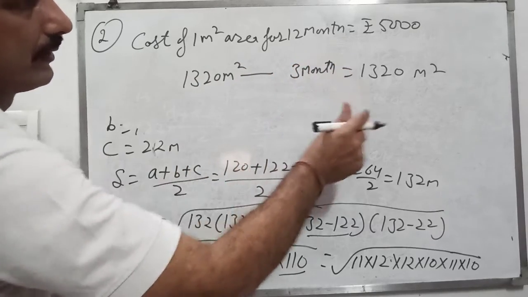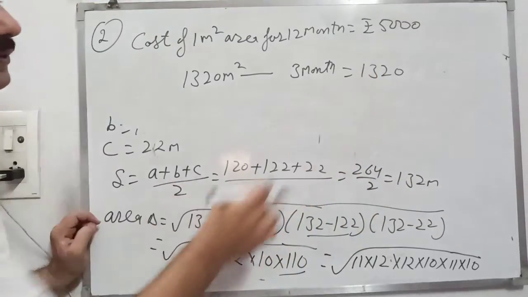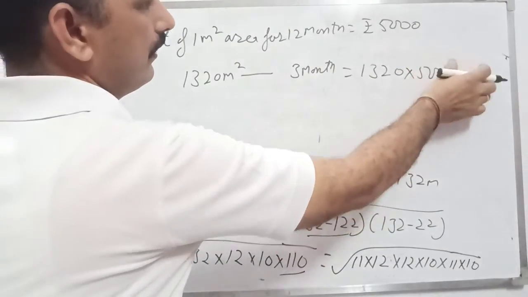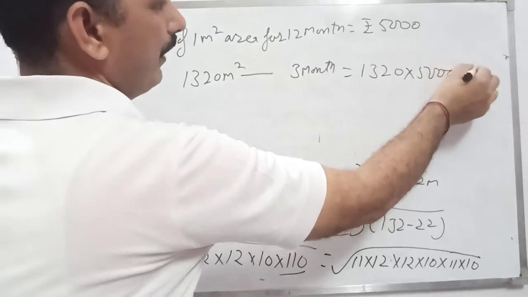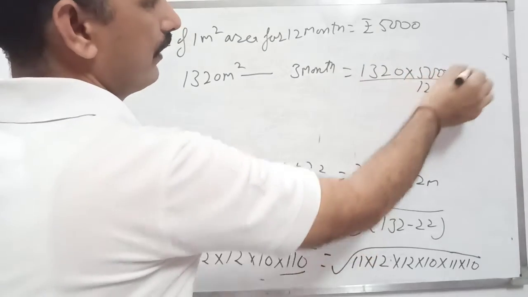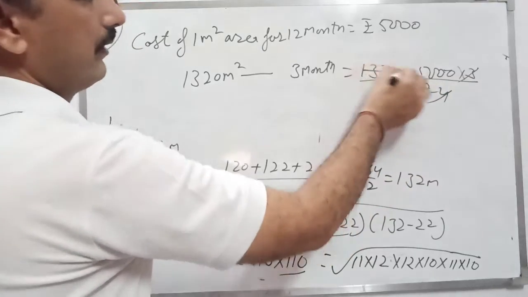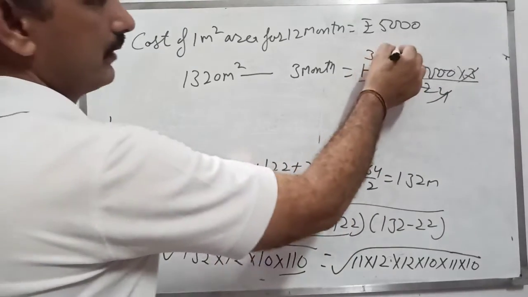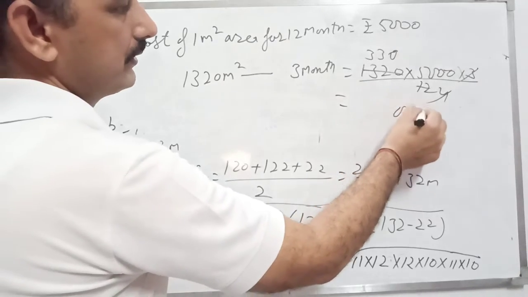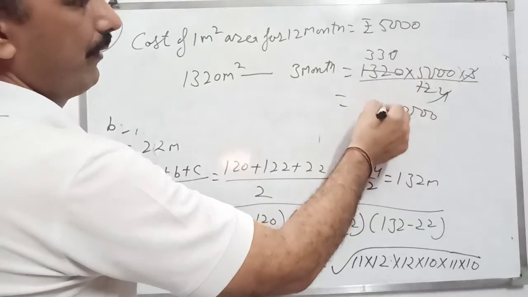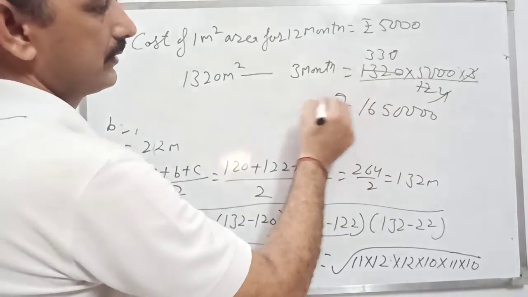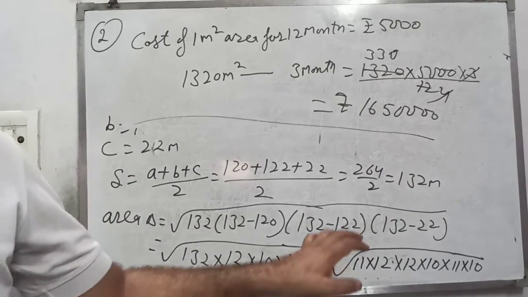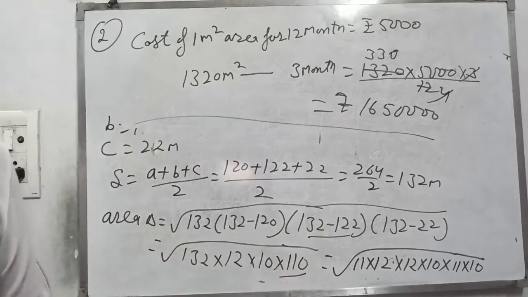So we multiply with 5,000, then multiply with 3 divided by 12, so it is 1 by 4. So such rupees is given as the rent for 3 months, right?